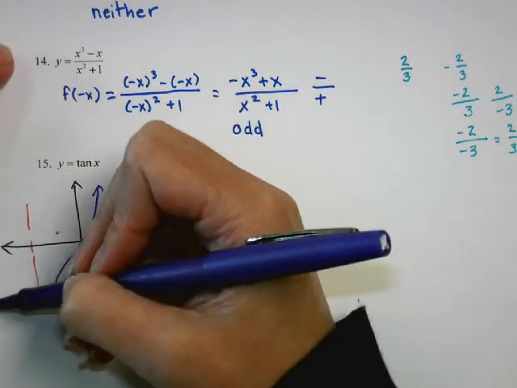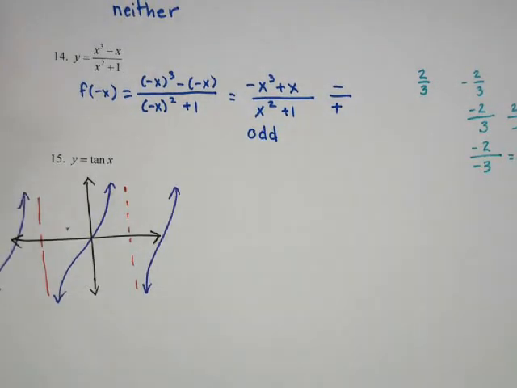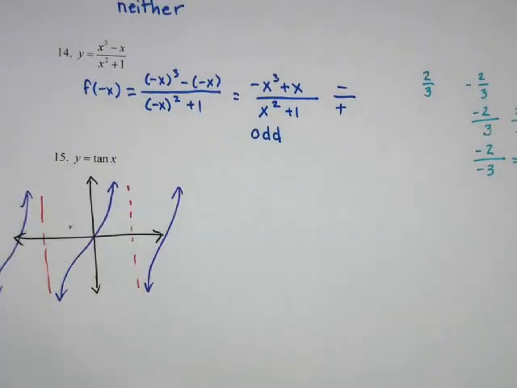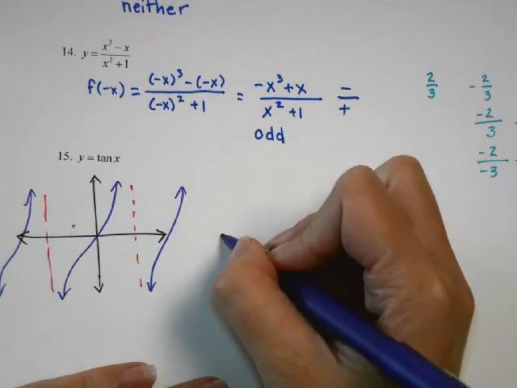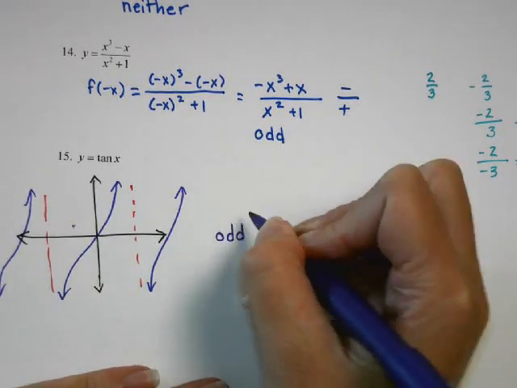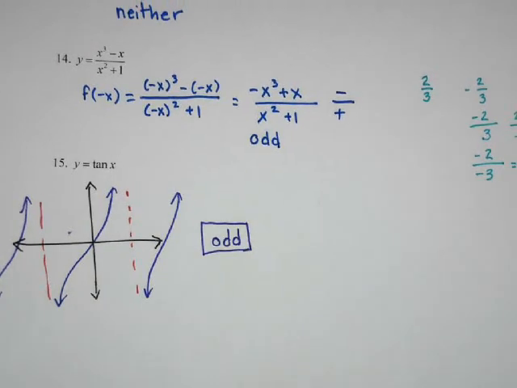Okay, and you're looking for the symmetry. So if I took this and I rotated it 180 degrees, it's going to look the same. So this one is odd. So you can use the calculator to help you out with some of those decisions, but that is all about symmetry.